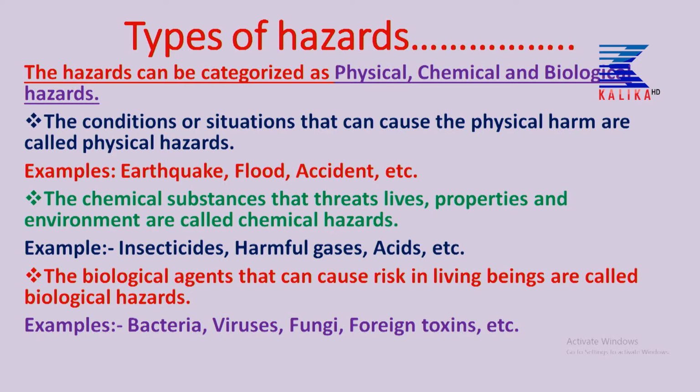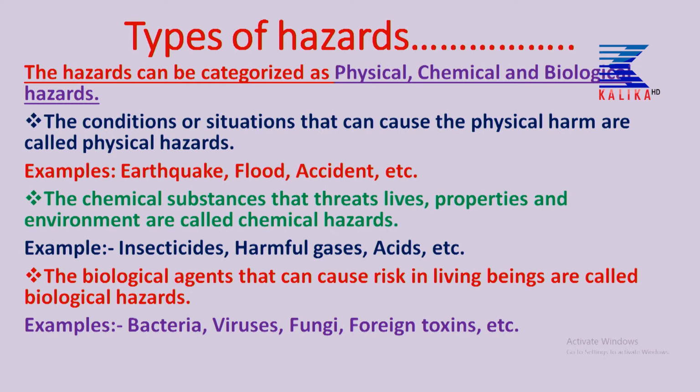Next, chemical hazards. If the hazard or threat is because of chemicals, for example, acid attack, use of insecticides, and harmful toxic gases released from industry or laboratory, these are chemical hazards. What do we mean by biological hazards?